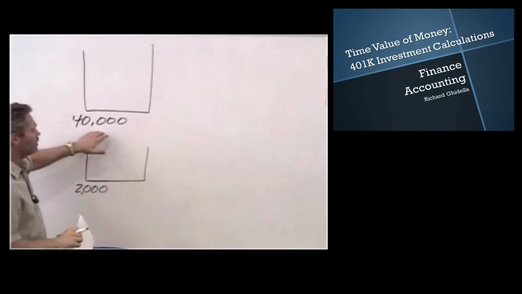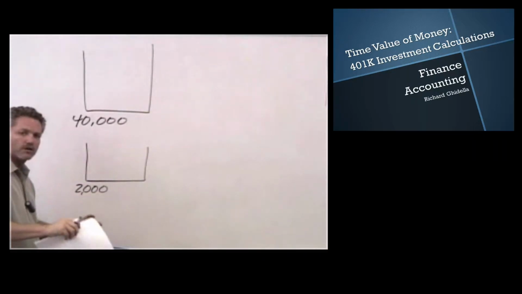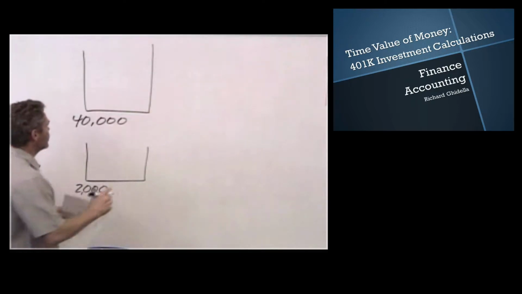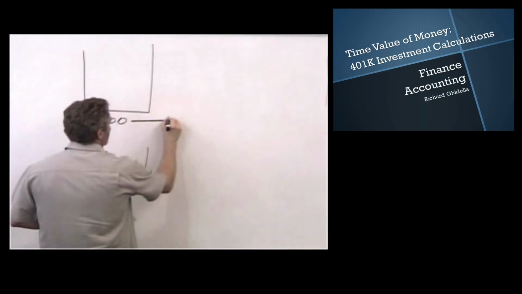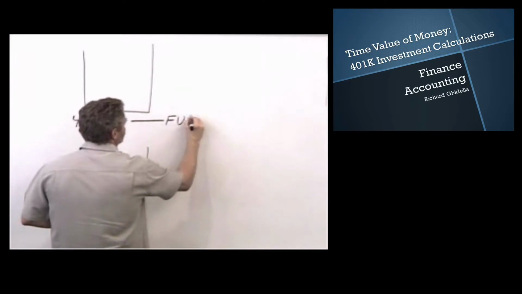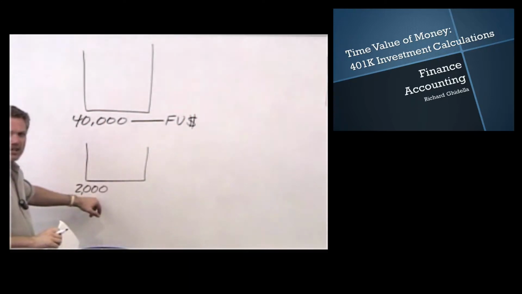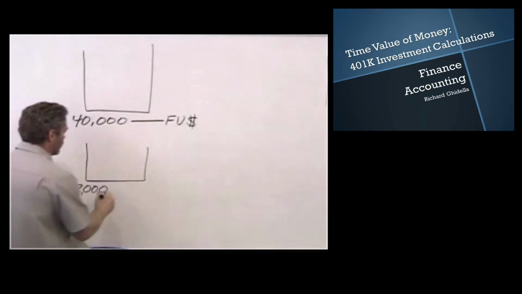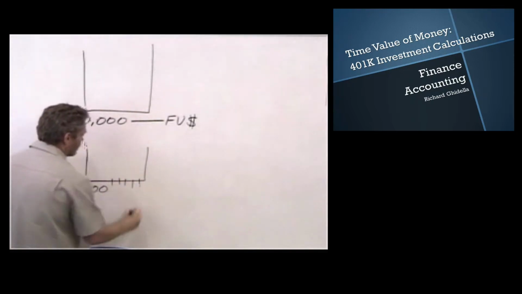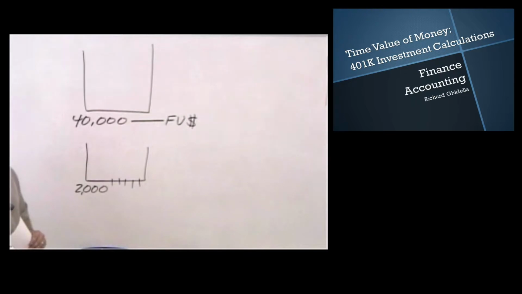Now, the $40,000 is sitting in there as a lump sum, so we're going to carry that forward at future value of $1. The $2,000 that we're adding each year, or we could say every year, is an annuity.